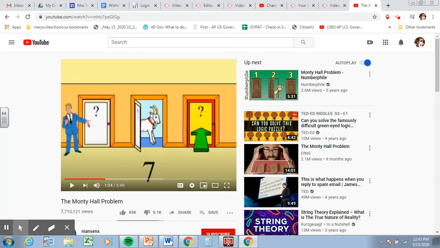And then he knows that there's a goat behind door number 2, and so he opens that one. He's like, okay, well, here's another. So what should you do? Do you want to switch to door number 1 or do you want to stay with door number 3? So try to figure that out, talk your way through it and see what you think you should do. And then watch the video and see if you were correct.